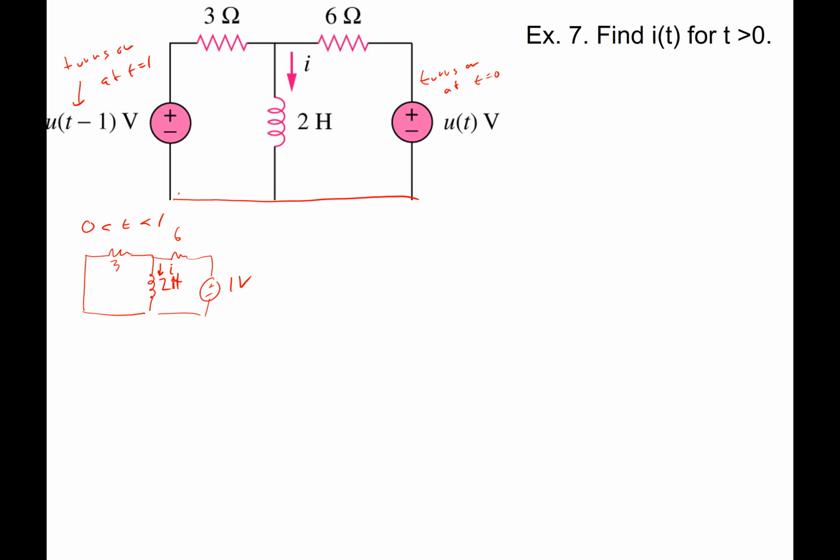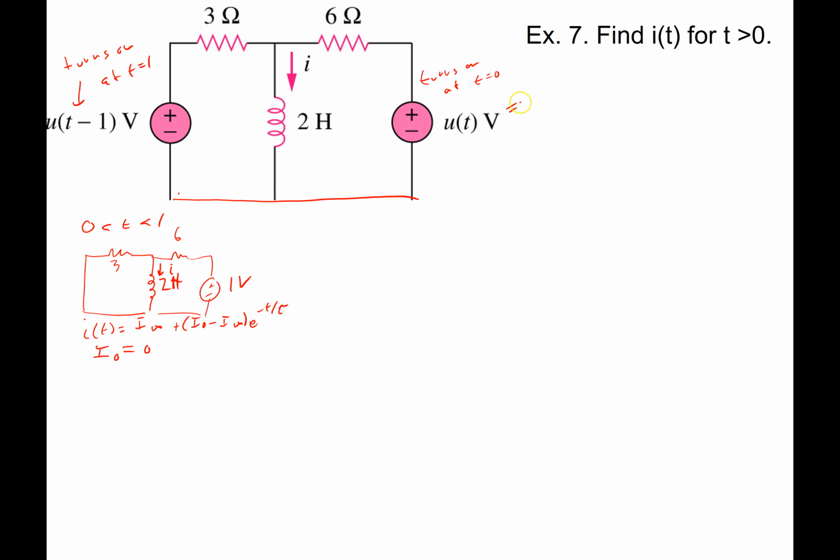So the solution is going to be I of t equals I infinity plus I0 minus I infinity times e to the minus t over tau. And our initial condition for I0 equals 0 because that source was off.